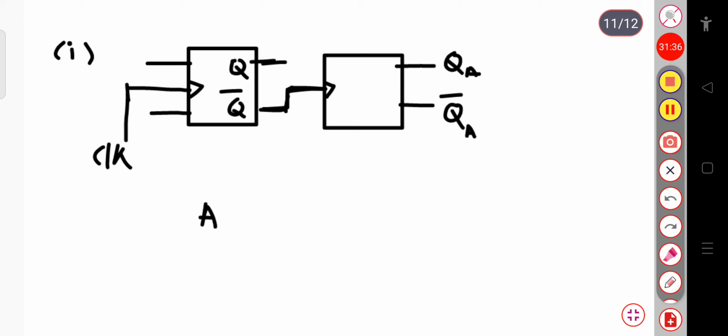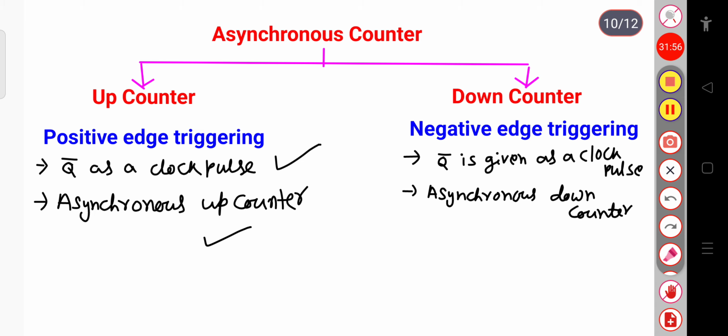Now whether it is up counter or down counter. Now you will remember, in case of positive edge triggering, if Q bar is given as a clock pulse, then what type of counter is it? It will be up counter. In case of positive edge triggering, if Q bar has a clock pulse, then it will be up counter. So this is an up counter.